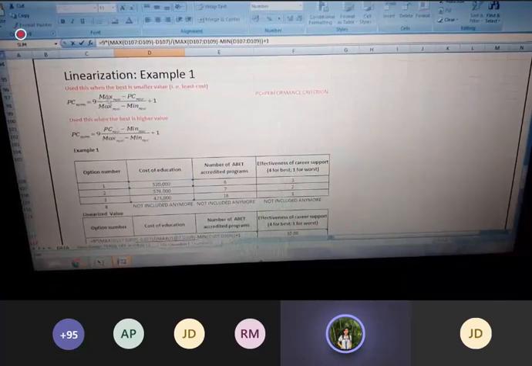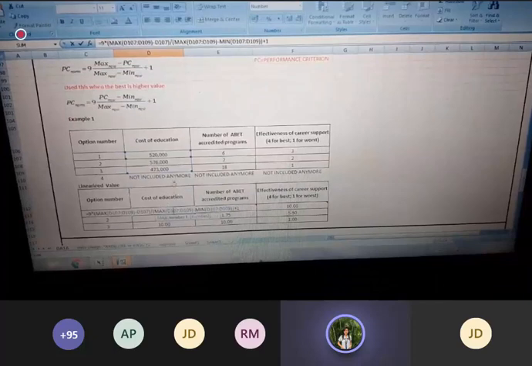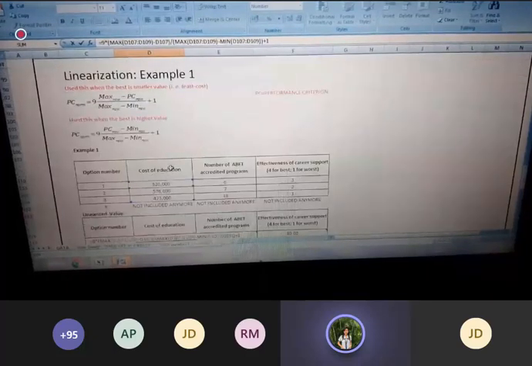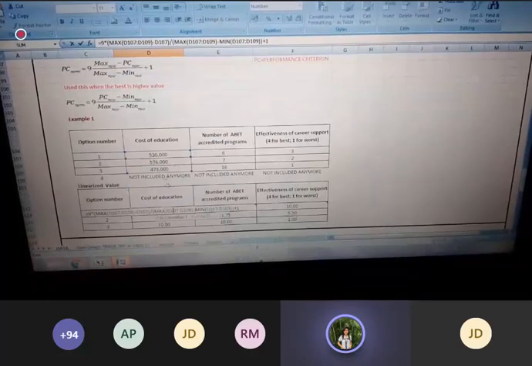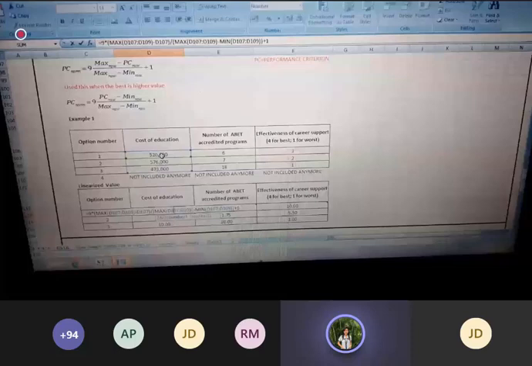So 9, the maximum in the row, minus the performance criterion for that row, which is this one. This is the performance criterion for that row that we're trying to get the values for linearization.